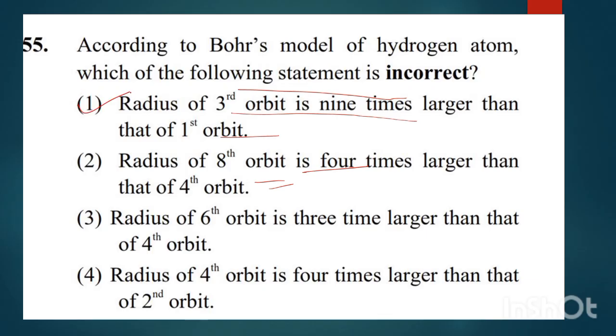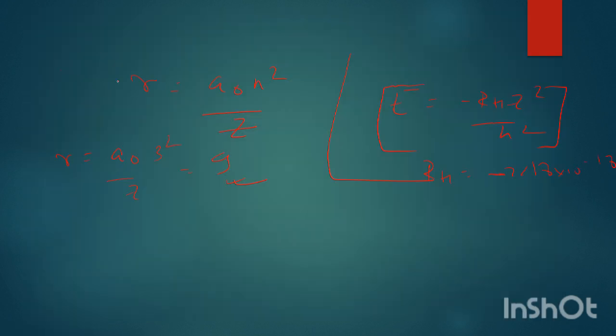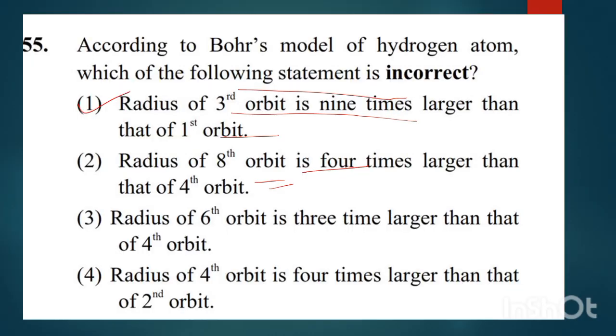Radius of 8th orbit is 4 times larger than that of 4th orbit. Radius of 8th orbit is n square, that is 8 square, and 4th orbit is 4 square. 64 by 16, it comes to 4. So option 2 is also correct.